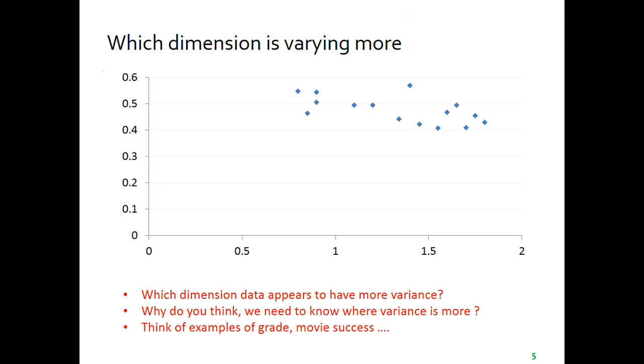Similarly for movie, on some parameters, probably action, probably cinematography, every movie will be almost similar. There will be some parameters which have huge variance, and that's what will decide the success of movie. So the dimension which is varying more will help you understand the final impact. And that's why you like to understand which dimension is varying more.